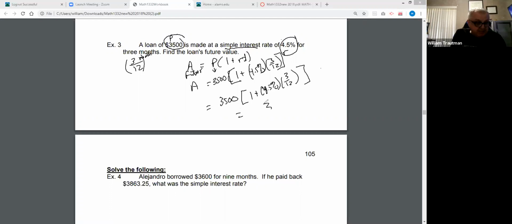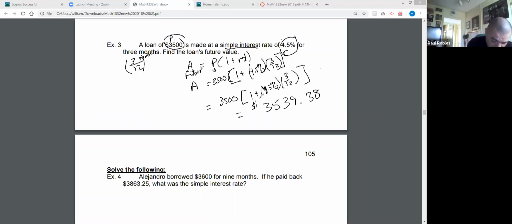$3,539. And you round it to the nearest cent, so you should get 38. It says 375, but you round it to the nearest cent, 38. Did everybody get that on their calculator? Yep, that's what I got.